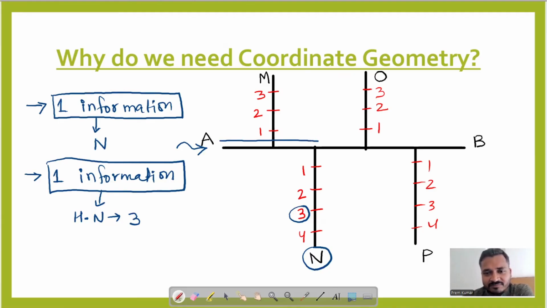He comes with your parcel, goes to street N, and at house number 3, he will easily deliver your parcel. I mean to say that one piece of information is not sufficient here, right? So that's why we have to give two pieces of information. Okay, I hope it is clear to you.